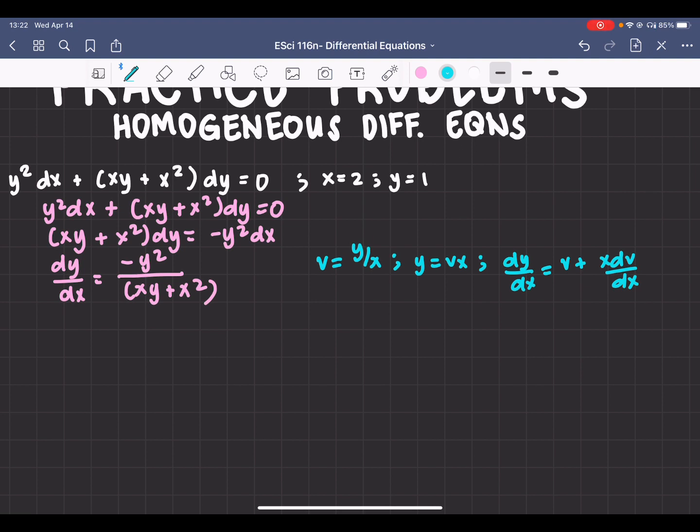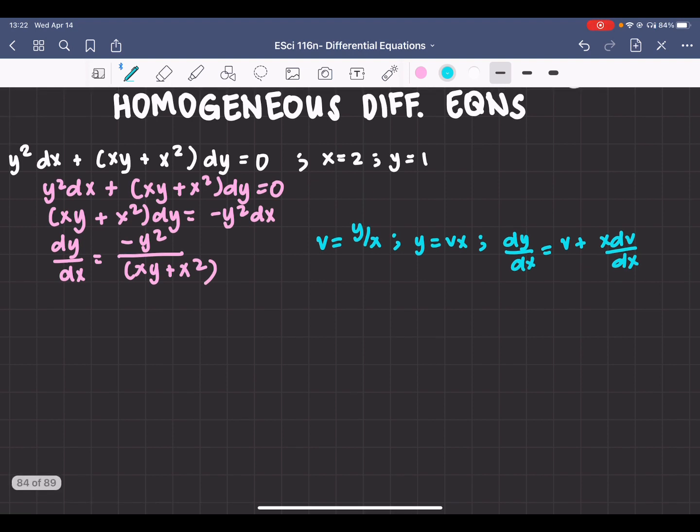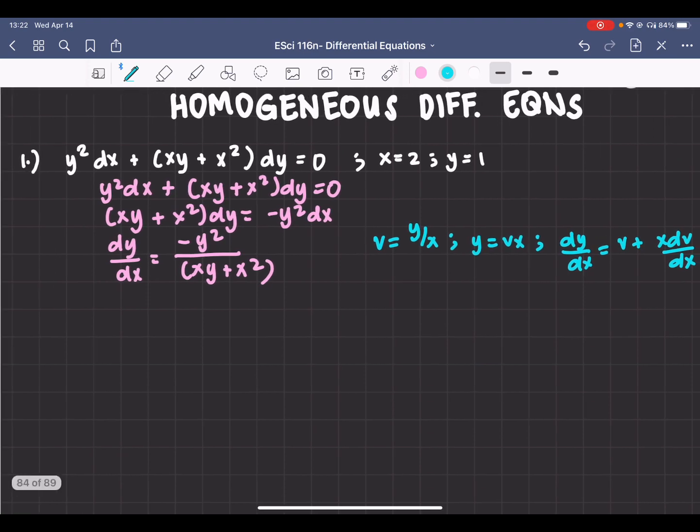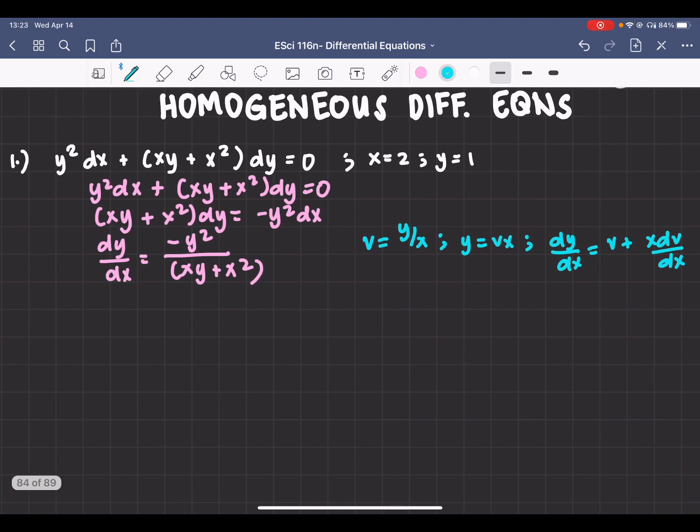If you guys don't know where this comes from, I urge you to watch our instructional video once more. We have dy over dx equal to v plus x dv over dx because of the chain rule. So we're going to use those formulas to solve this problem. We just need to plug in our values here.